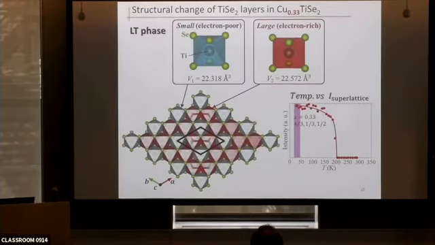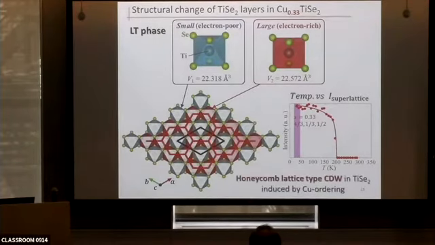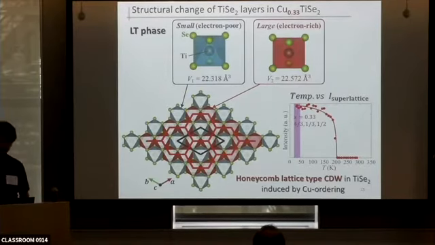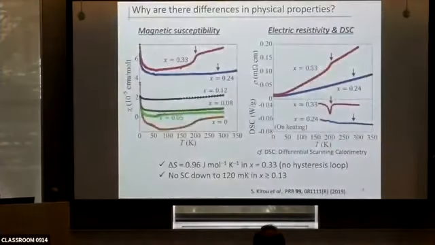These two kinds of octahedra are arranged to form a honeycomb lattice. There is a charge disproportionation formed by the electron-rich and electron-poor octahedra. As you can see, a honeycomb lattice type CDW is realized. Thus, this transition is a cooperative phenomenon between potassium site ordering and the charge density wave in the titanium selenide layer.